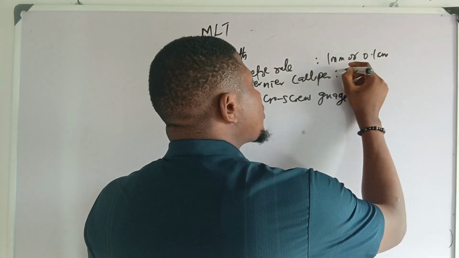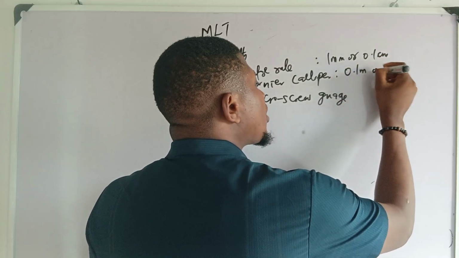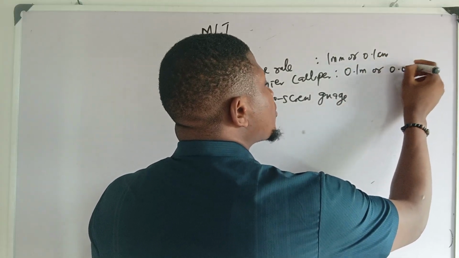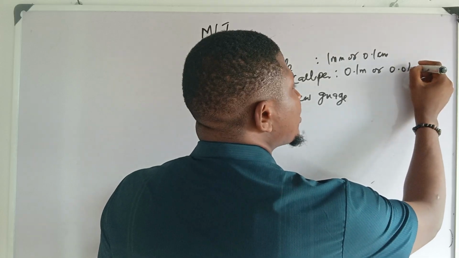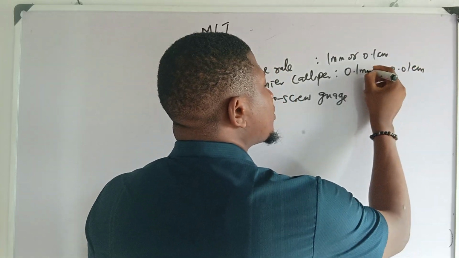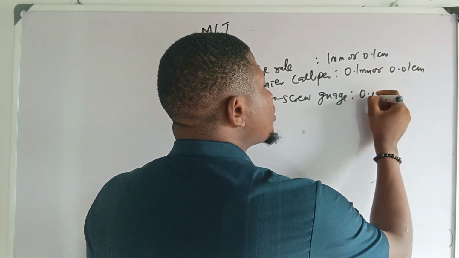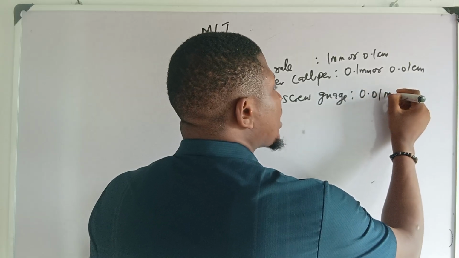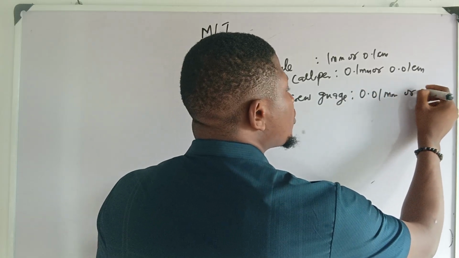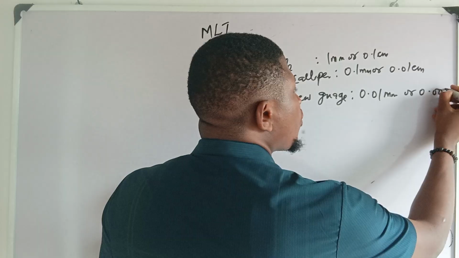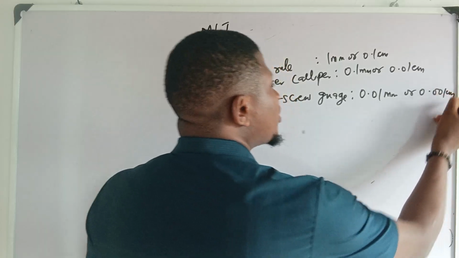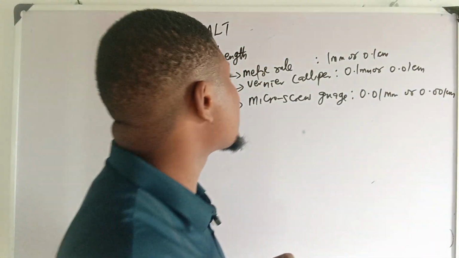The vernier caliper is 0.1 millimeter or 0.01 cm. Then the micrometer screw gauge is 0.01 millimeter or 0.001 cm. You are increasing in accuracy, you understand?